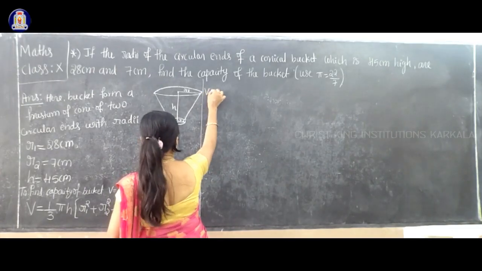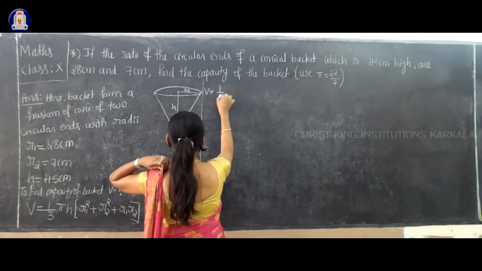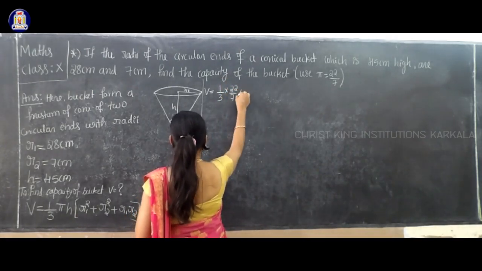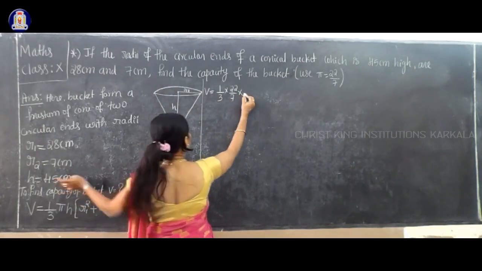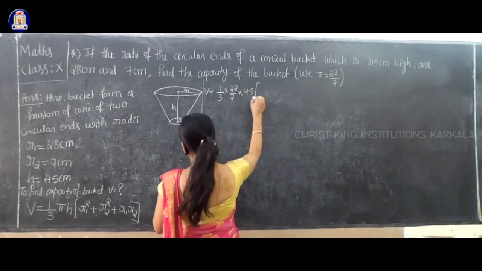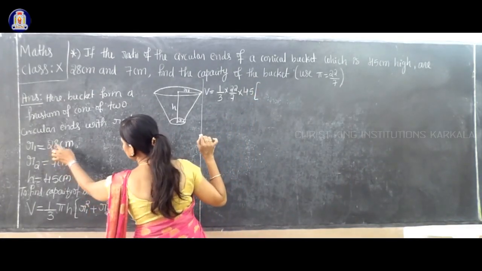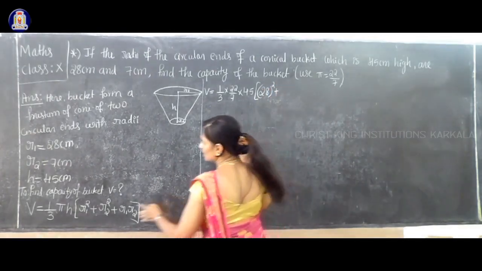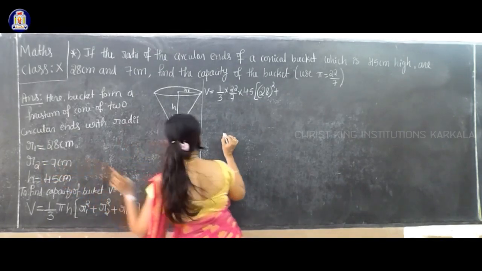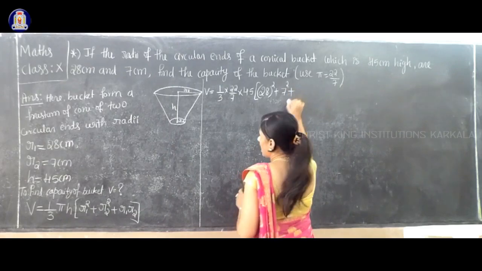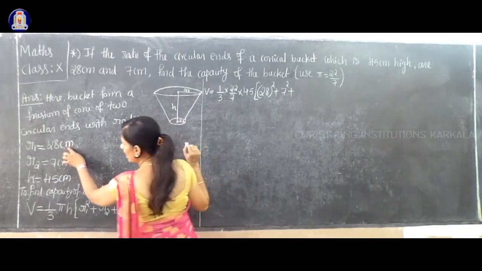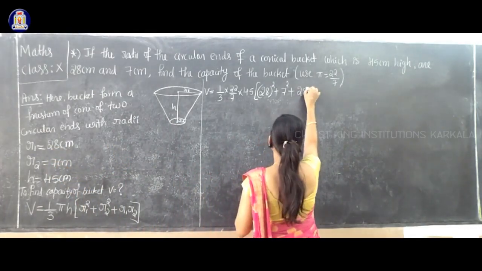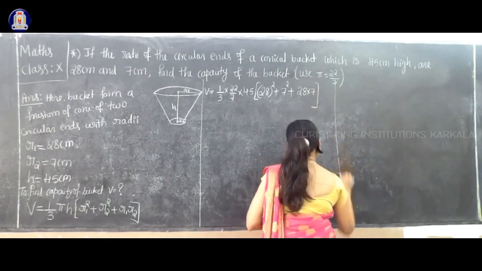V is equal to 1 by 3 pi, where pi is 22 by 7, h is 45, R1 square is 28 square, plus R2 square, which is 7 square, plus R1 into R2, which is 28 into 7.